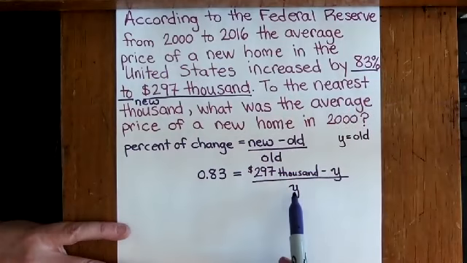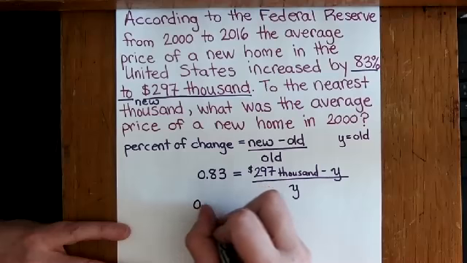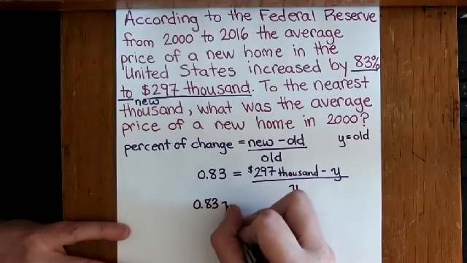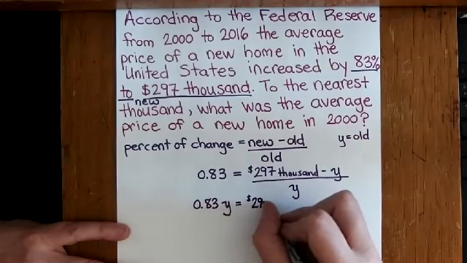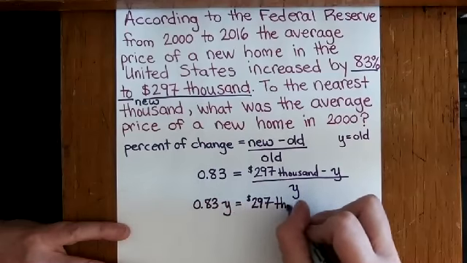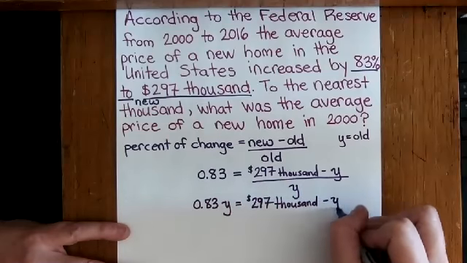Now what we have, if we multiply both sides by y, we get 0.83y equals $297,000 minus y.